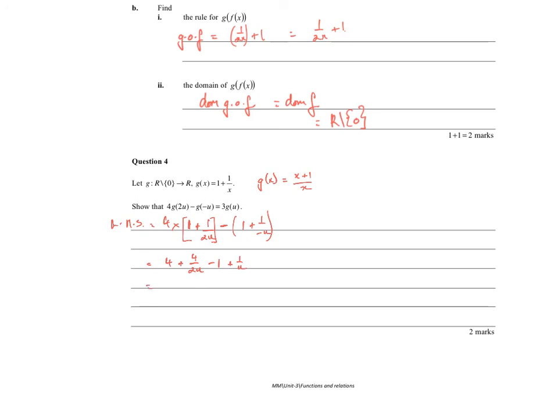So that's equal to 4 minus 1, which is 3, plus 2 on u plus 1 on u, which is 3 plus 3 on u, which is 3 times 1 plus 1 on u, which is equal to 3 times g of u. Just put a little as required.